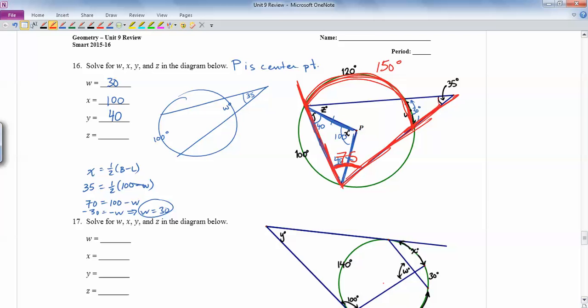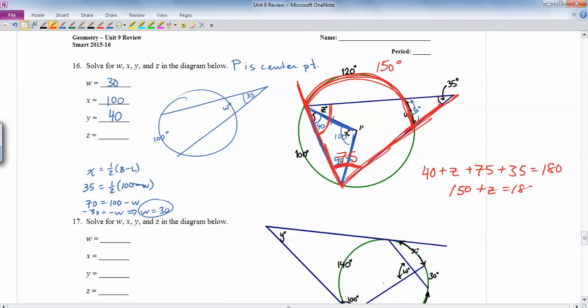So that means that the 40 plus Z right here plus 75 plus 35 has to end up being 180 degrees. Okay, so let's see, 75 plus 35 is 110, plus 40 is 150, so 150 plus Z equals 180, and so then Z is 30. So that's one way of doing it.